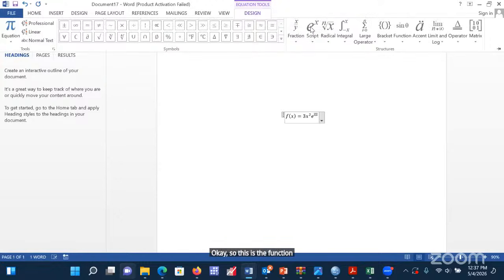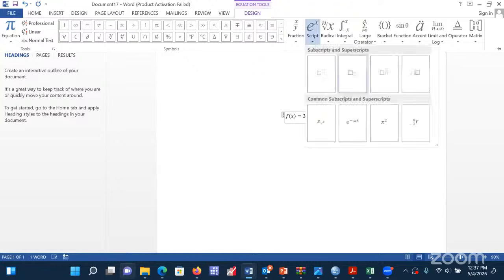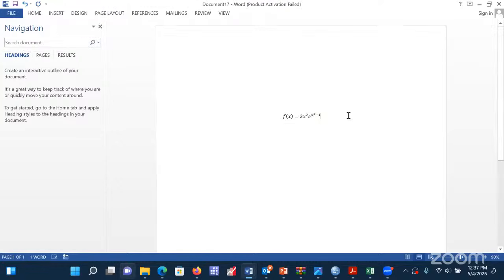Okay, so this is the function, and you want to integrate this. Given that f of x equals this.